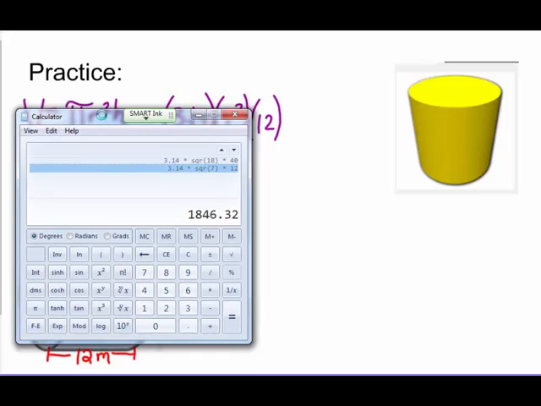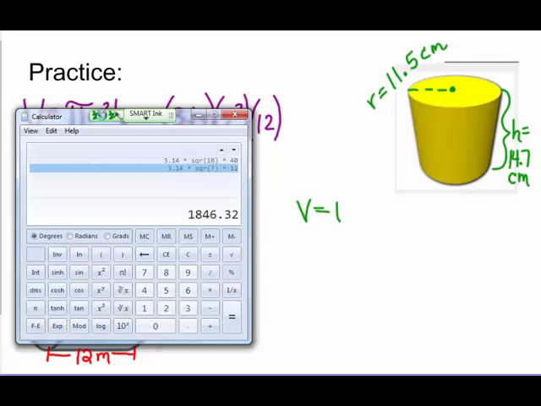Let's look at our last example. Here I have a cylinder that has a radius drawn in. The radius is 11.5 centimeters. The height of this cylinder is 14.7 centimeters.